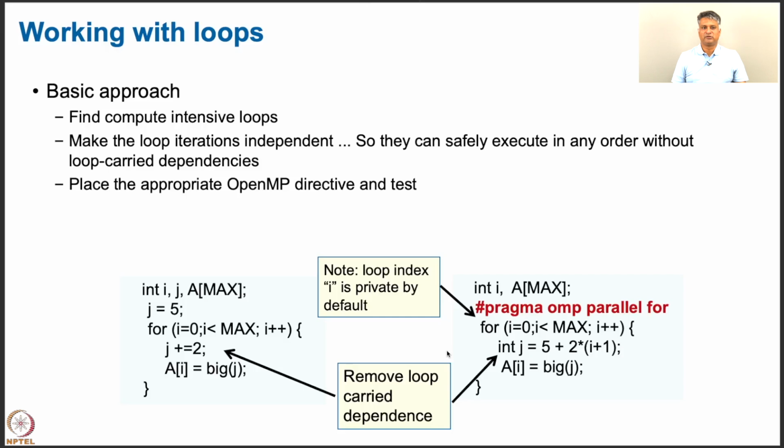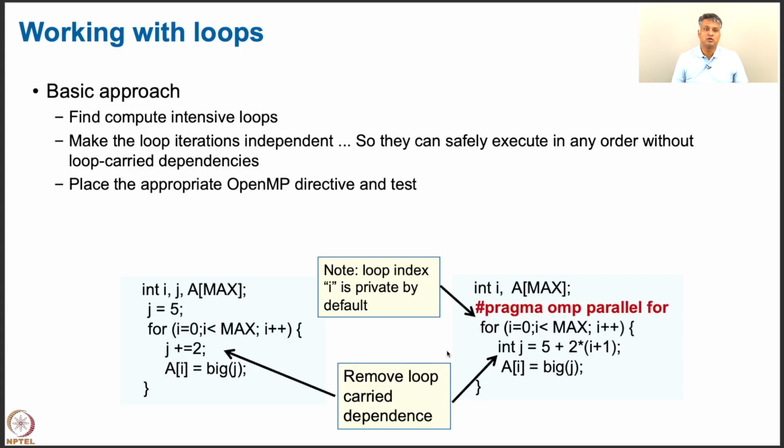So how do we work with loops? The main approach is to find out what are the most compute intensive loops. Remember that Amdahl's law also applies over here. We try to figure out where the maximum amount of parallelizable work is being done. That's what we mean by finding the most compute intensive loop.